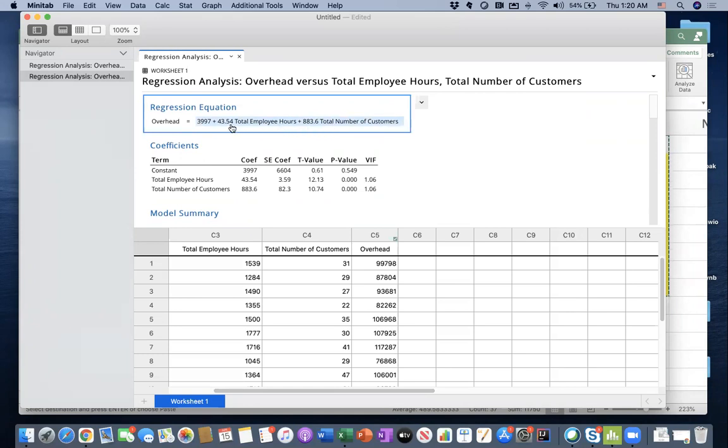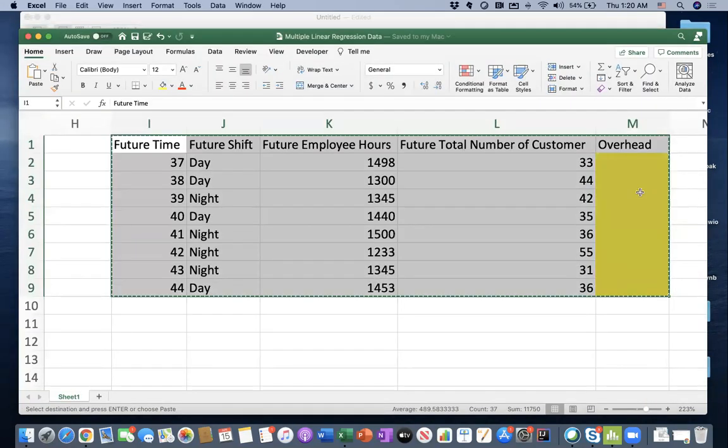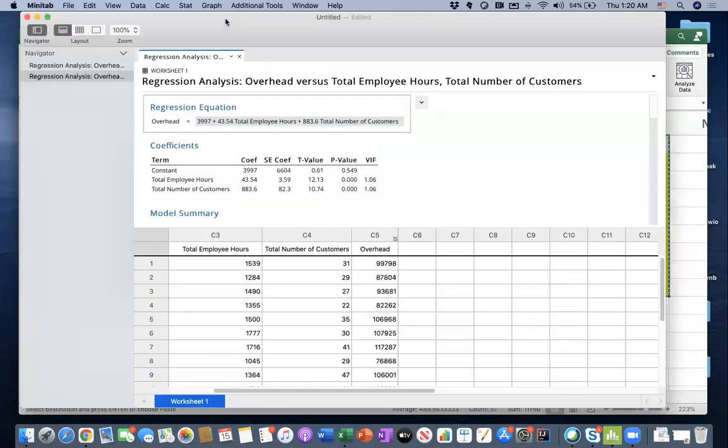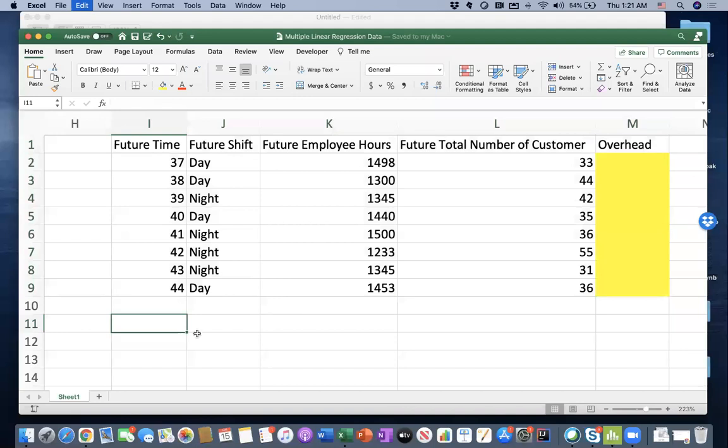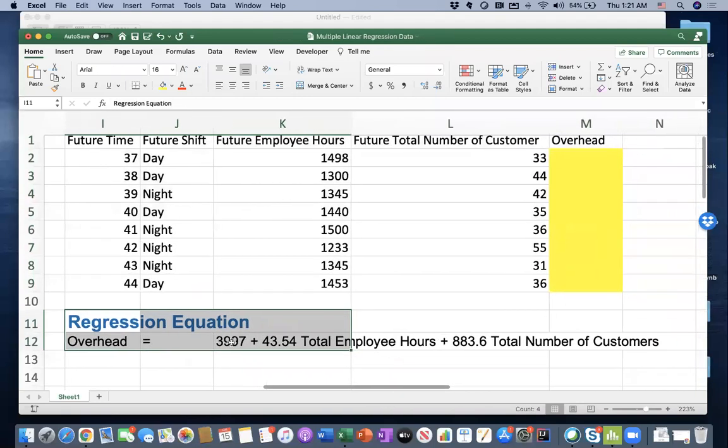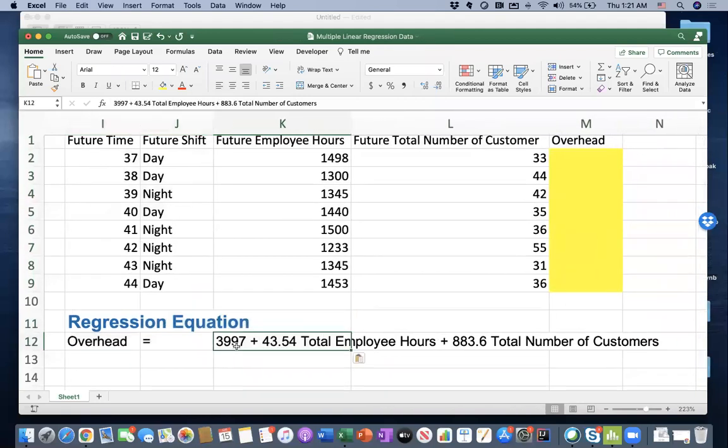Or what I can do is I can run this equation in Excel as well. What I need to do is I need to copy this information. Let me see if I can paste it here. All right, so yeah, this is my regression equation. So it basically tells me that it is 39.97.